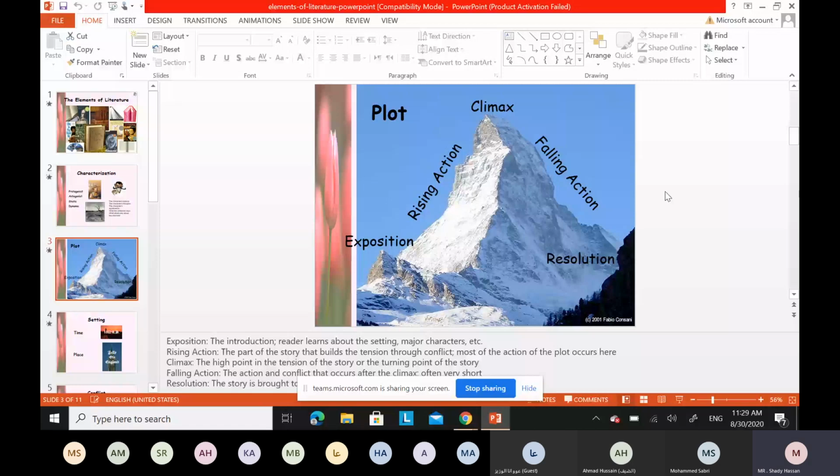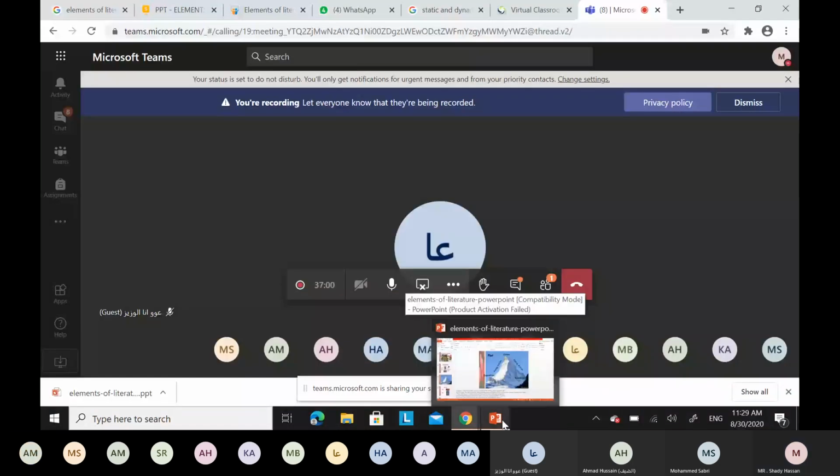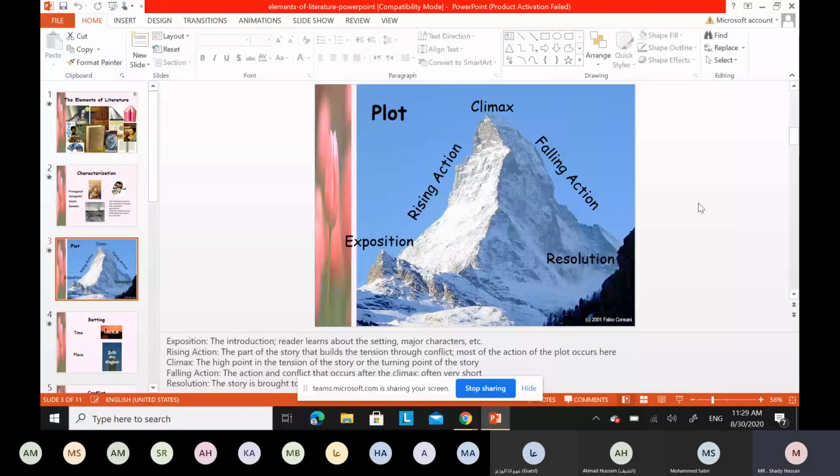Does anyone know the parts of the plot or how the plot develops? Okay, remember this? You studied this before, but actually, I'm revising. You know the beginning, the middle, the end. The beginning, which is introduction.